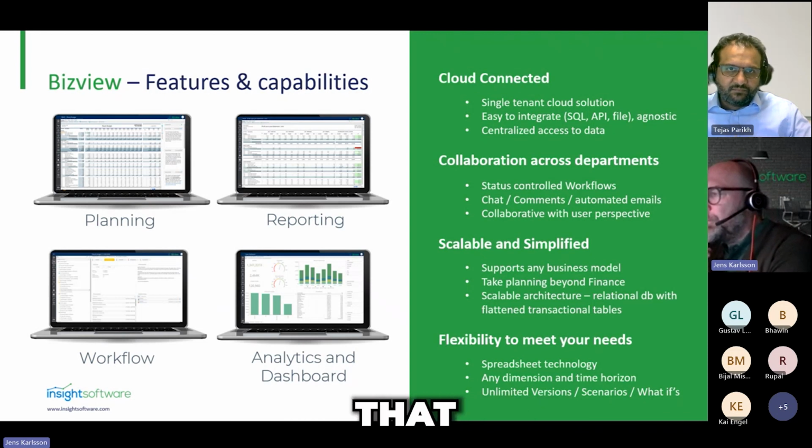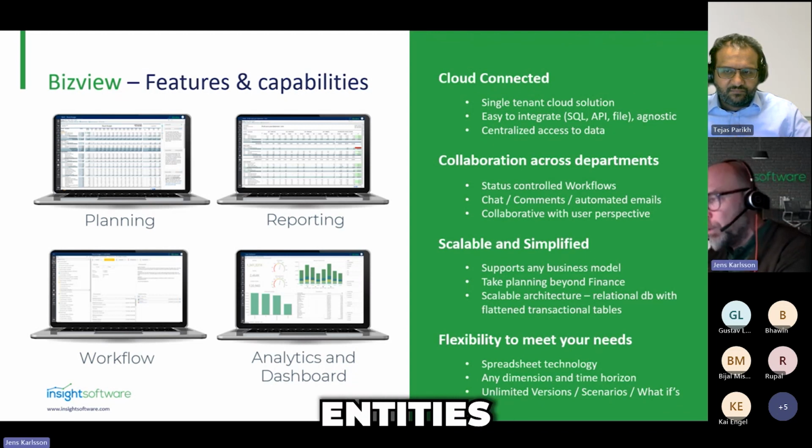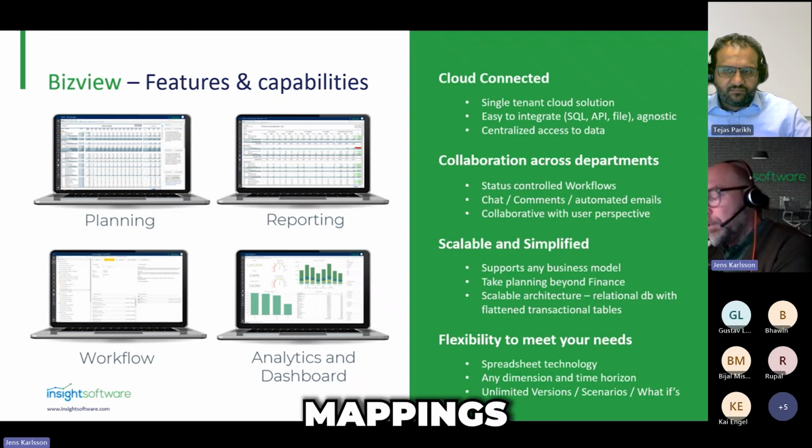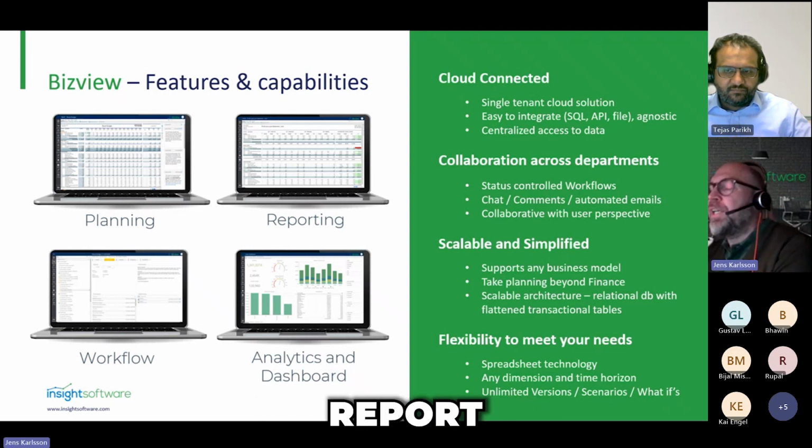Collaboration, we talked about that, the workflow, I'm not going to spend time on that today. Scalable and simplified because we can integrate and work with any dimension and hierarchy that you or your business may have, or even different entities within the business. We just use those mappings and we plan on them, we report against the actuals on them, meaning that we can plan anything.